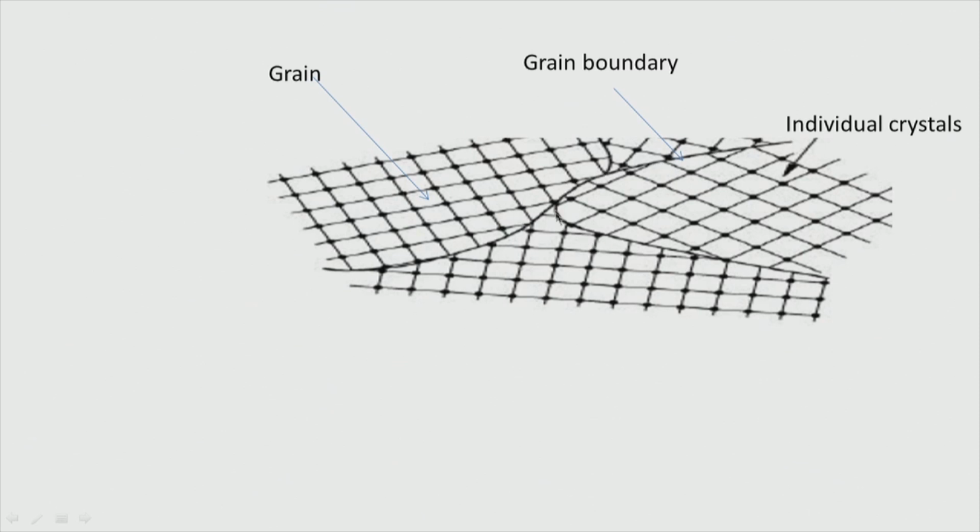These are called grain boundaries. They all grow from different directions and hit each other, and this is called the grain boundary.